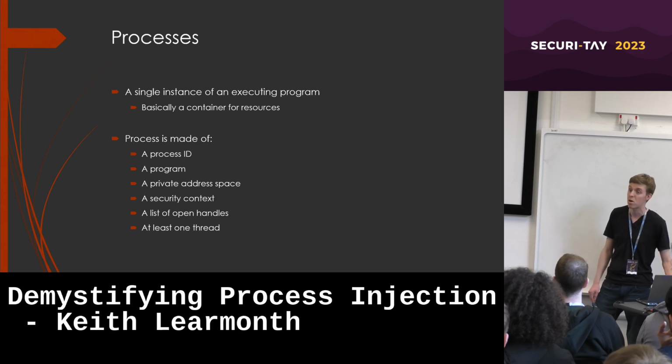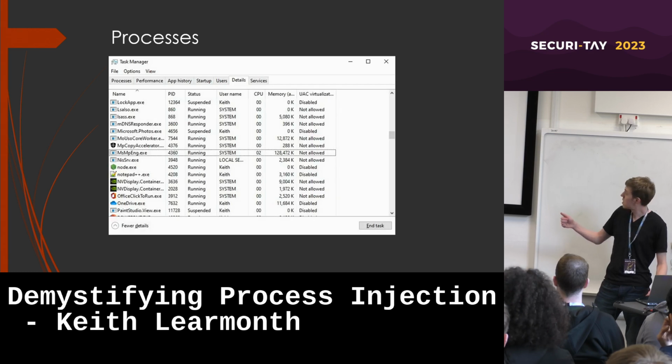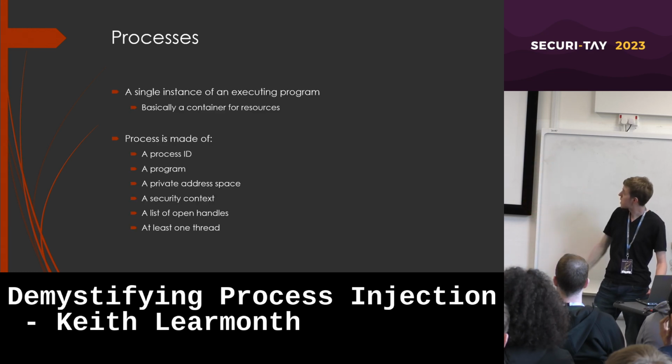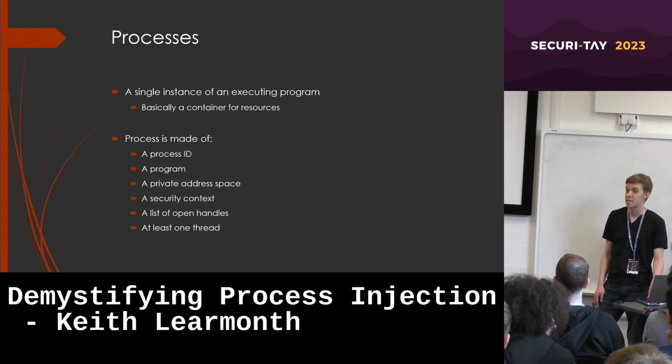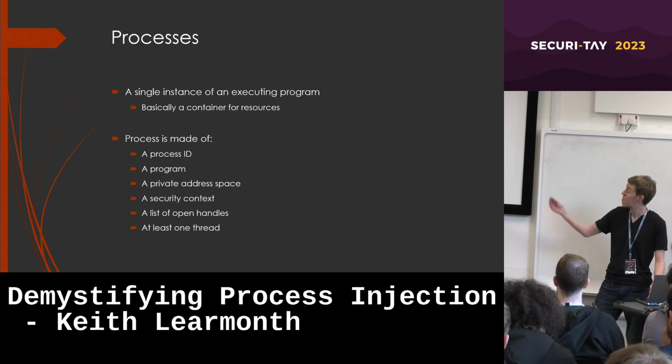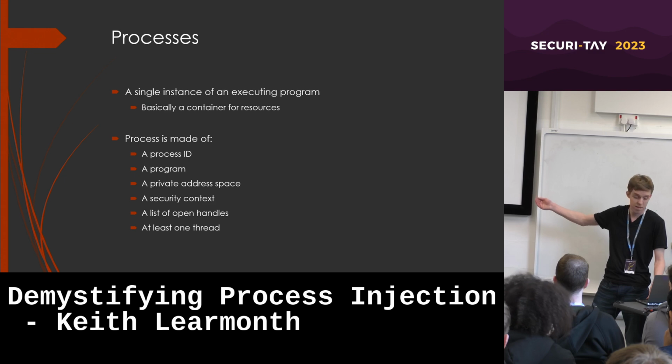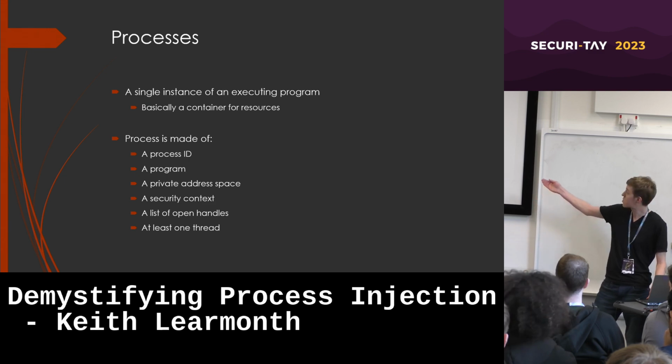The process is made of a unique numeric ID, which is the second column there. A program, just executable code. Usually that's the executable file itself that's getting loaded into memory, but it also includes any DLLs, any libraries that the process loads in. A private address space, a chunk of memory that belongs to it.